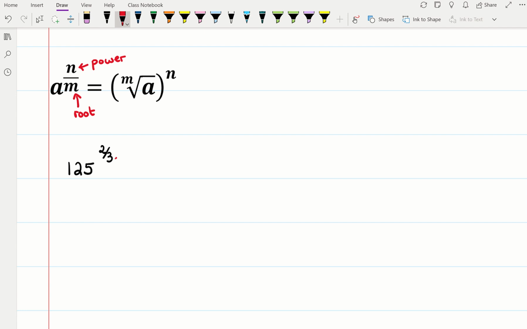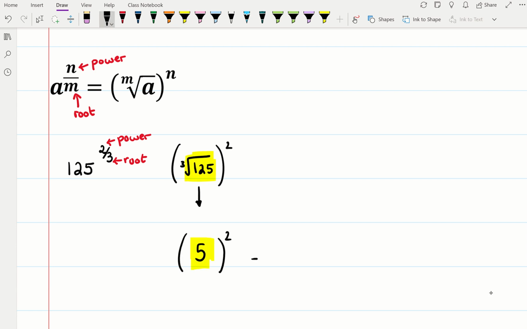Well, the 3 is the root, so it's going to be the cube root of 125, all squared. The answer to the cube root of 125 is 5, but the 5 is squared, so the final answer is 25. And again, you can use your calculator if it's just a number.